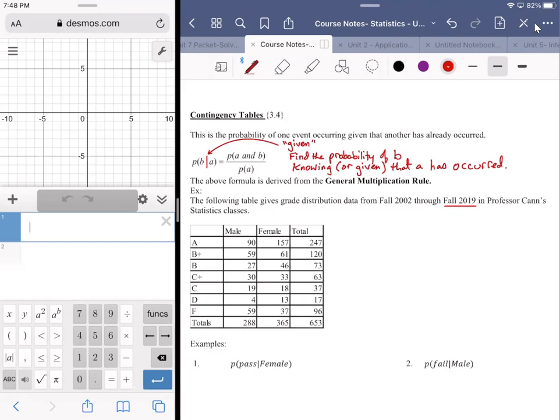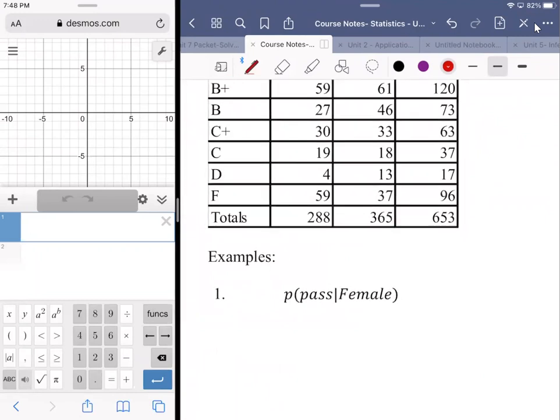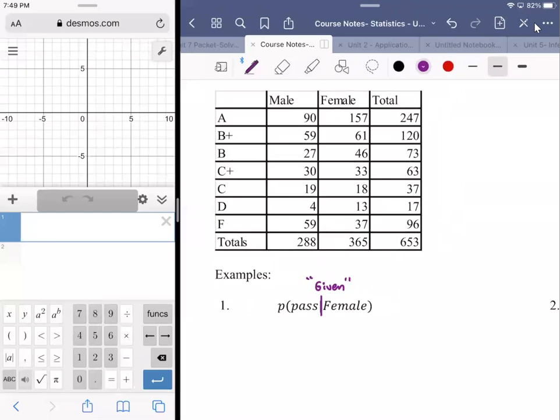But for now, we're looking at a conditional probability, which says, for the first example, find the probability of passing based solely on the fact that you're female. I oversimplified that. The language here, again, that vertical line just means given. Given that the individual that was selected was female.